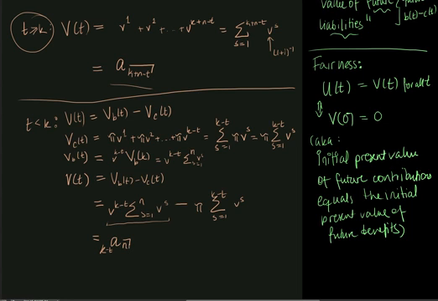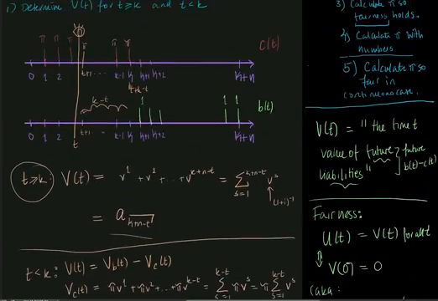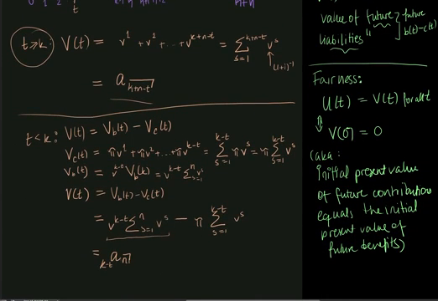Because in fact, the present value of future benefits when we stand here is just the present value of an annuity in arrear that has been deferred k minus t periods. And then the payment occurs for n periods. So that's exactly what I have here.